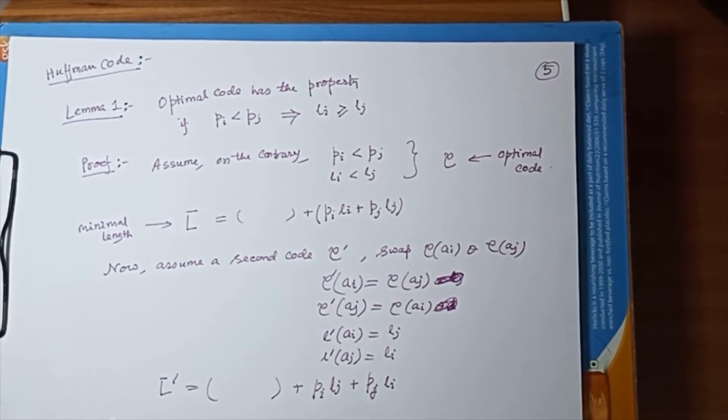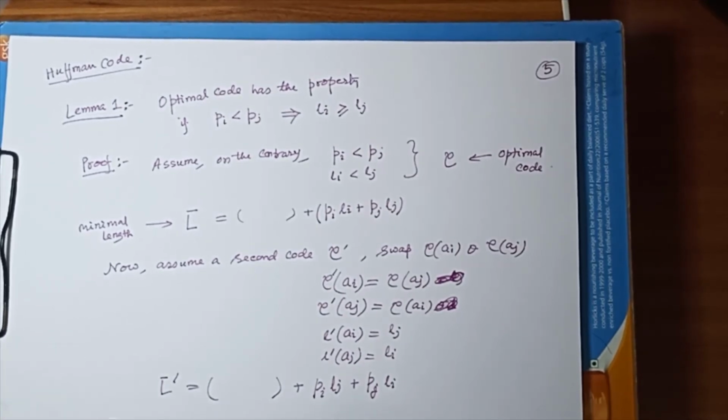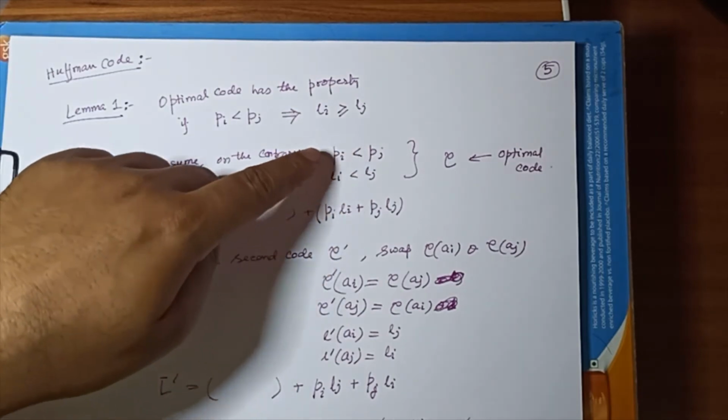which is equal to, if I take pi common, pi into lj minus li, minus pj into lj minus li. So I can take a common factor, so pi minus pj into lj minus li. So what did you assume?